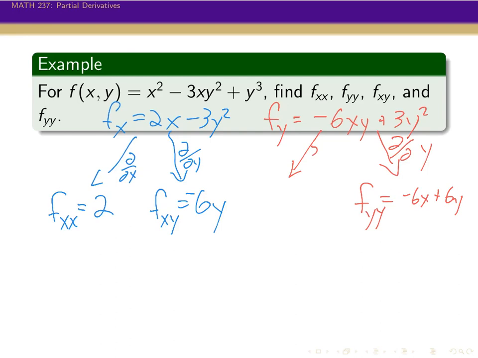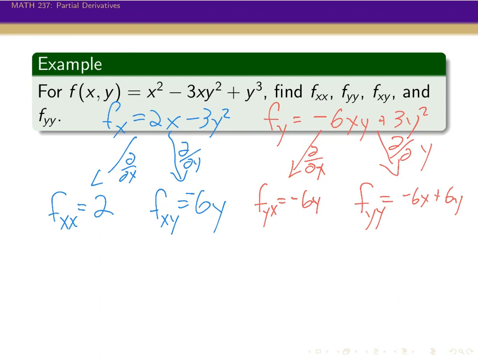And then I can do finally the other mixed partial, taking the partial derivative in terms of x. This would give me f_yx. When I take the partial in terms of x, the minus 6y is a constant, and the derivative of x is 1. The plus 3y squared is all a constant, so its derivative goes to 0. And so these are our 4 second order partials.